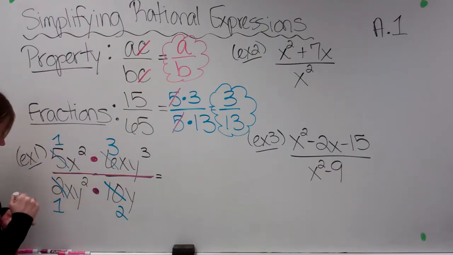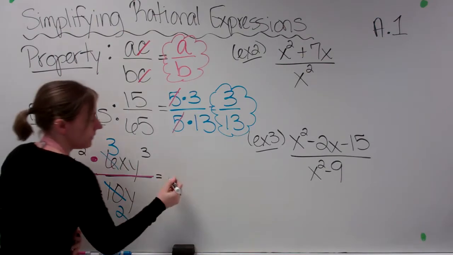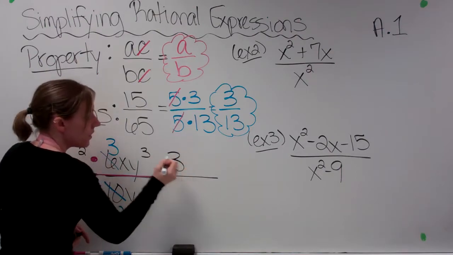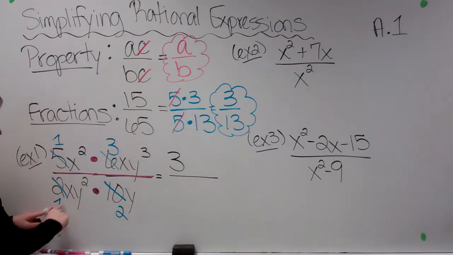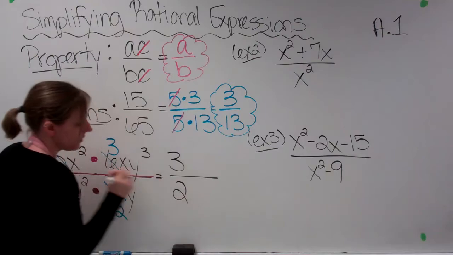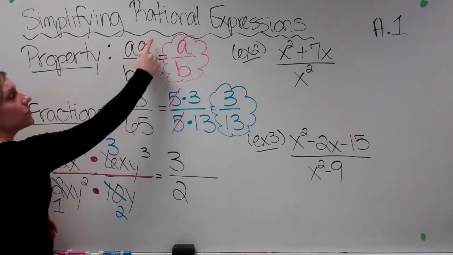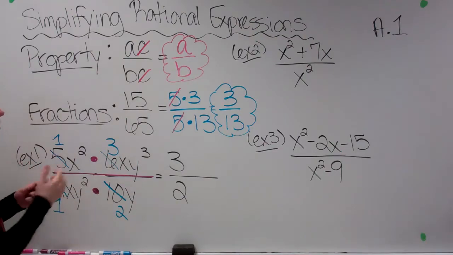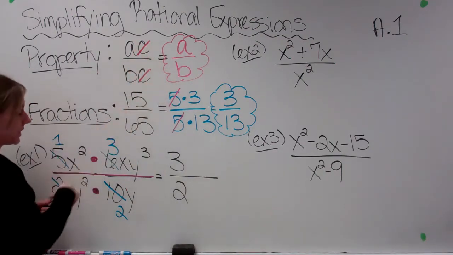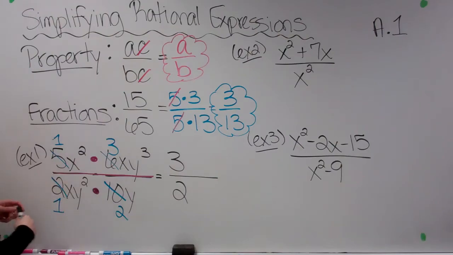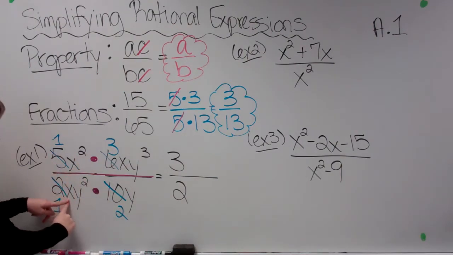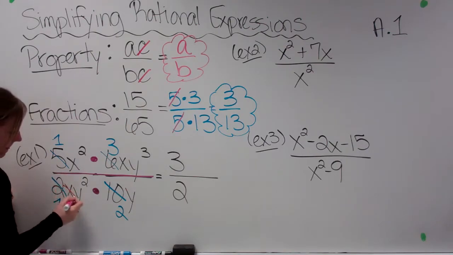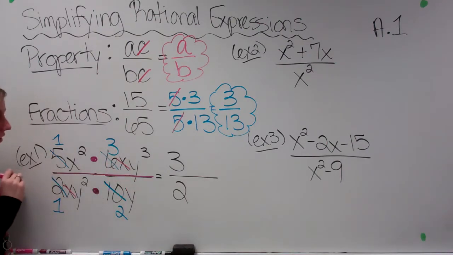So when we look just at our fractions, we have 1 times 3, which is a 3, and 1 times 2, which is a 2. Now let's use our rule that if we have the same thing over itself, we can cross those out, just like C over C. We have an X here and an X here, so those cross out.